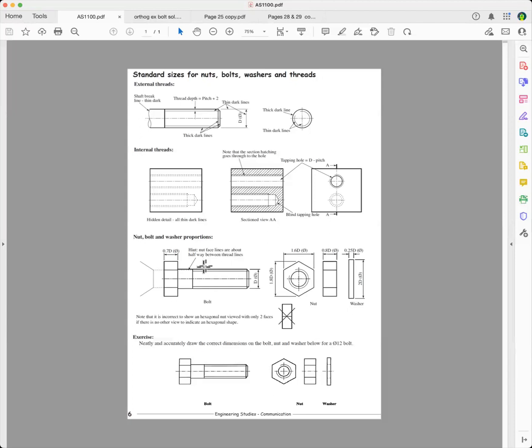And so the idea here is that if you've got a bolt, say you've got an M12 by 2, the M means metric, the 12 means diameter, and the 2 is the pitch. And I'll just draw that for you.